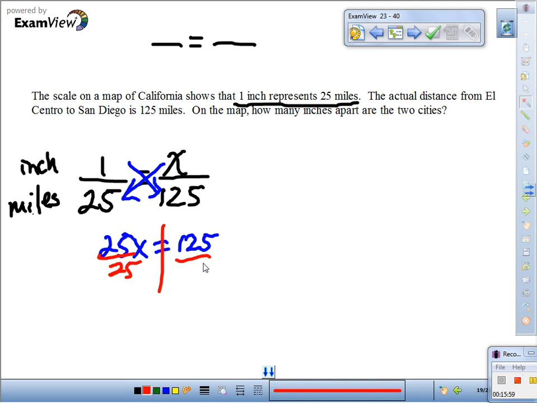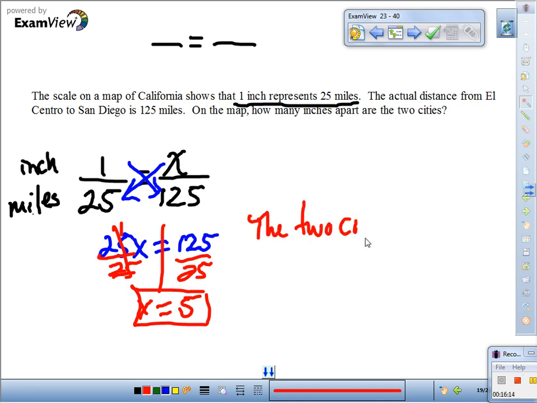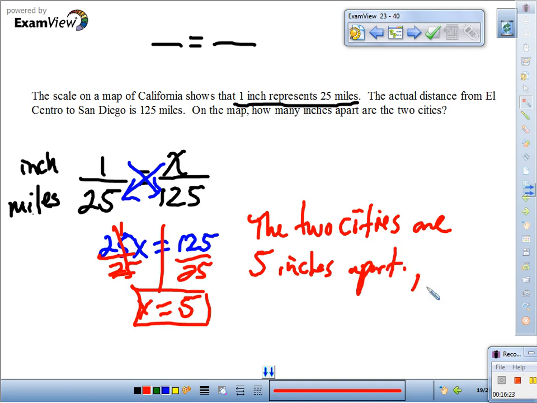Divide by 25, divide by 25. X equals 5. Am I done? No, we need to answer the question in a statement. On the map, how many inches apart are the two cities? The two cities are 5 inches apart. And if you want to add more, like on the map or whatever the case.